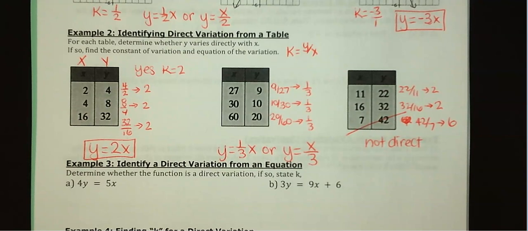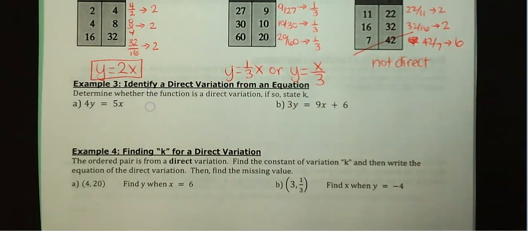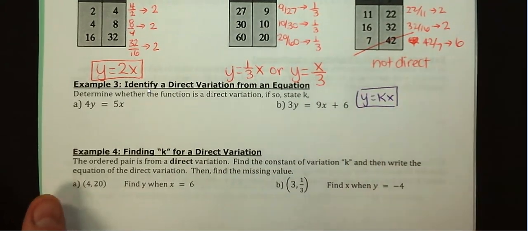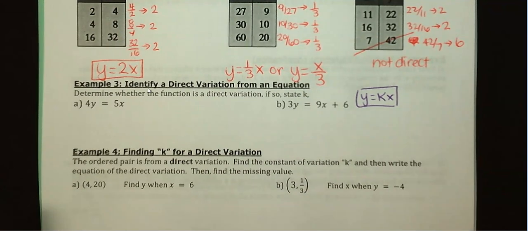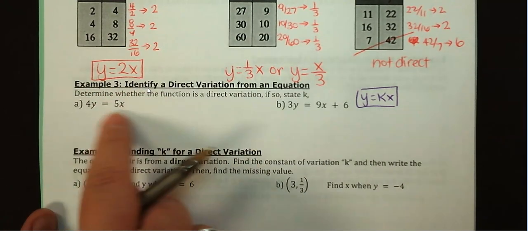Okay, the final way they're going to ask you to determine if it's a direct variation is by giving you an equation. If you have an equation, you just have to see, can I write it in the format y equals some number times x? The easiest way to figure that out is to get y by itself on one side. My first example here is 4y equals 5x.